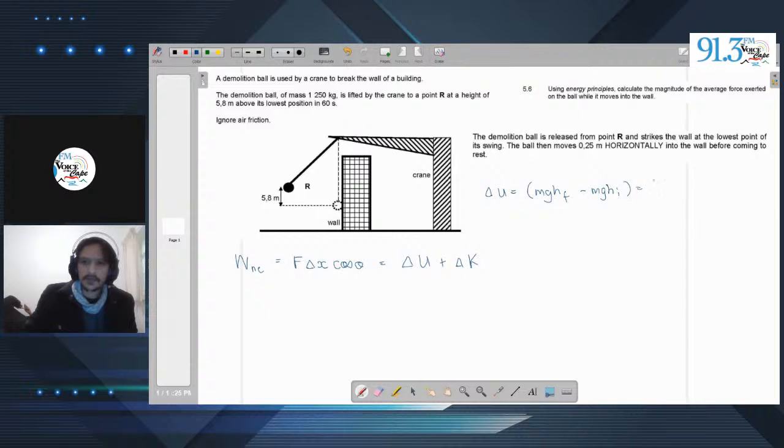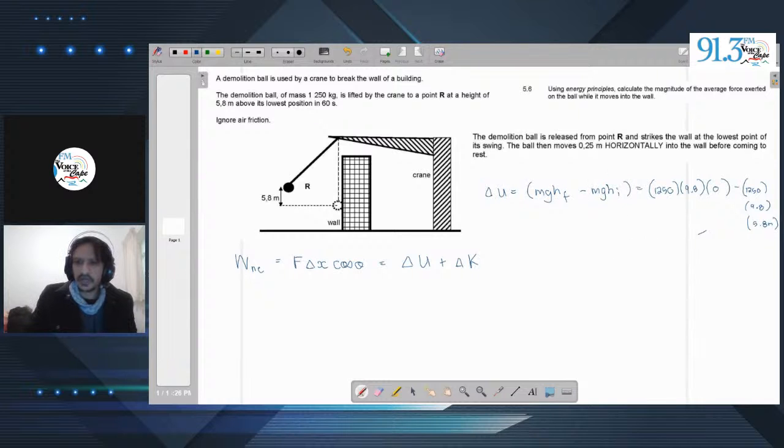The mass is 1,250 kilos times 9.8 times the final height, which is just going to be 0, minus 1,250 times 9.8 times the initial height, which was 5.8 meters.